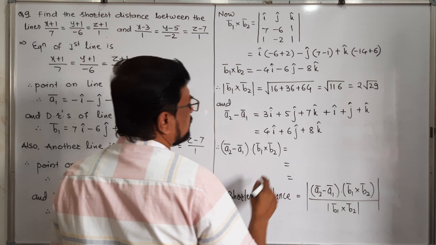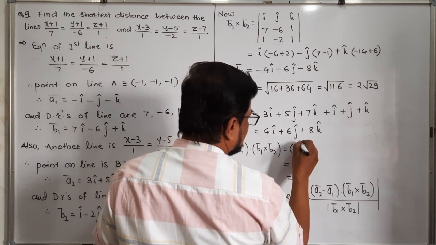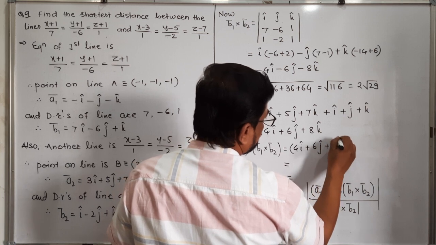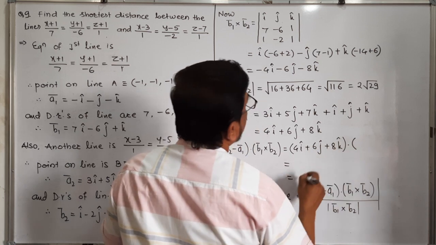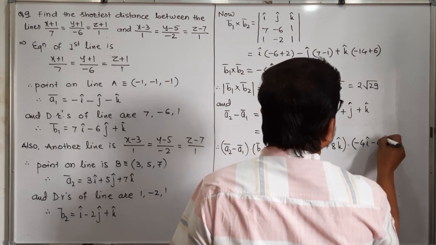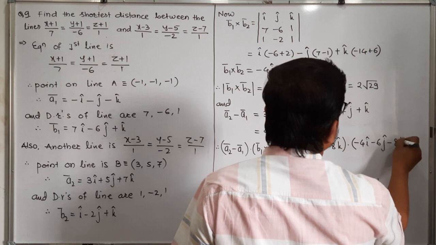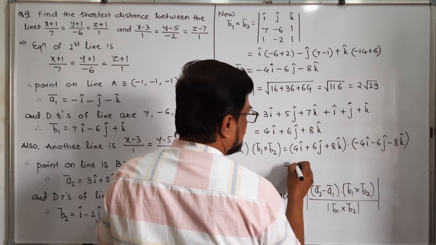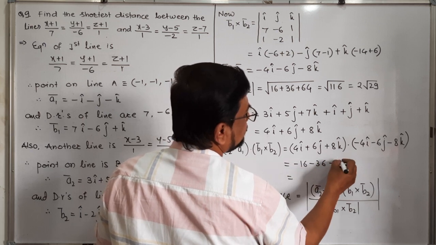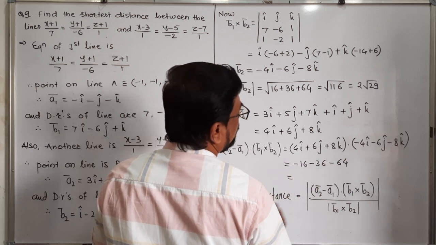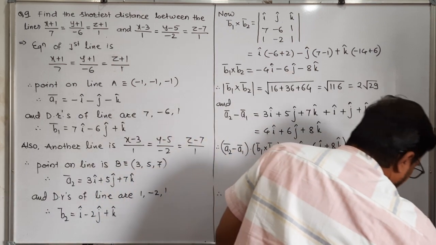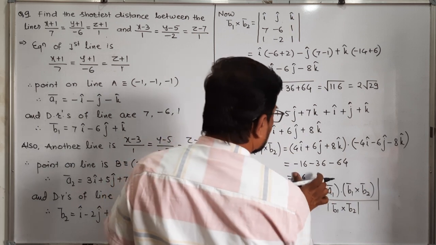Now take the dot product. It is 4i plus 6j plus 8k dot minus 4i minus 6j minus 8k. It is nothing but minus 16 minus 36 minus 64. The dot product is minus 116.